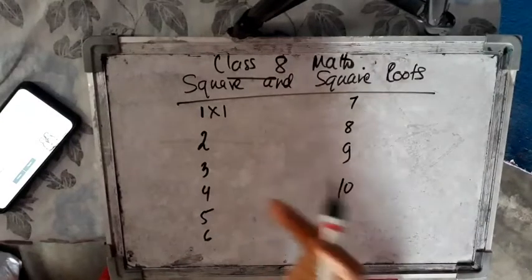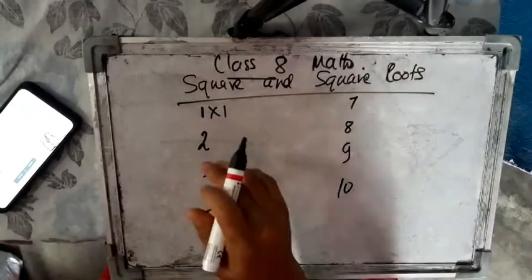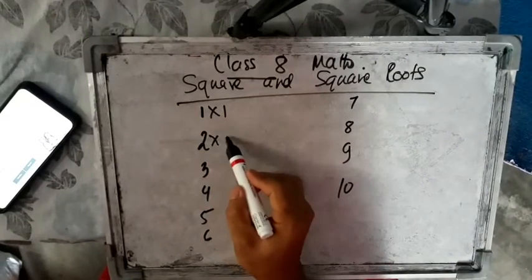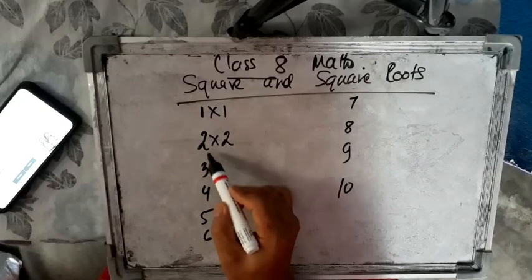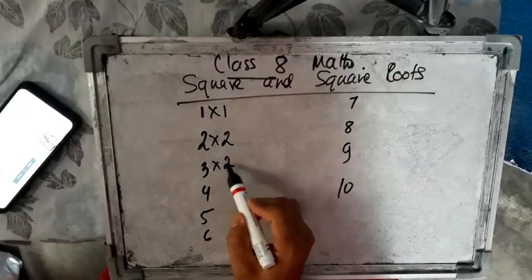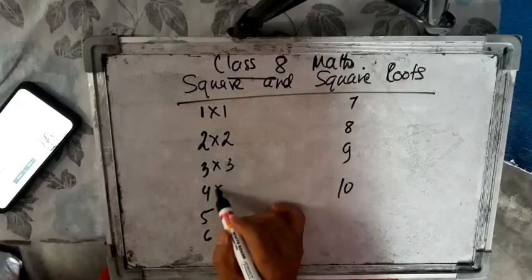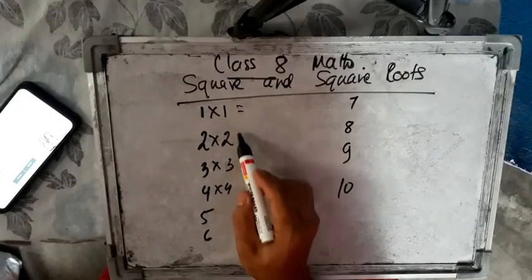We are multiplying 1 with the same number. Here is 2, so again we are multiplying with 2. Here is 3, so again we multiply with 3. Here is 4. So what will be the answer?